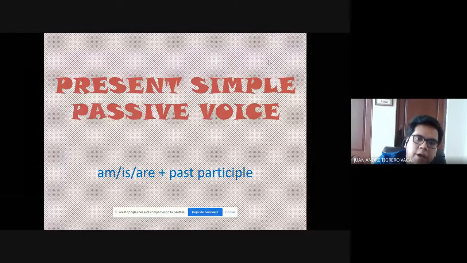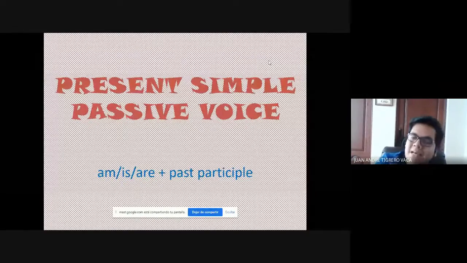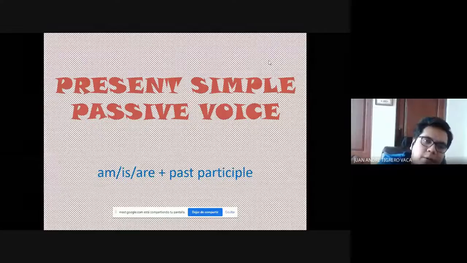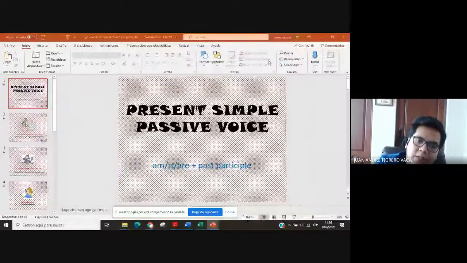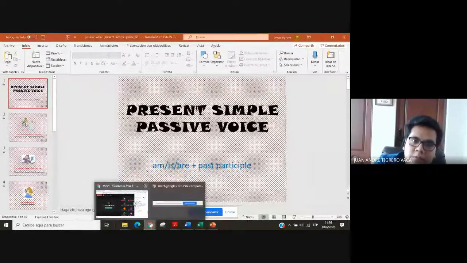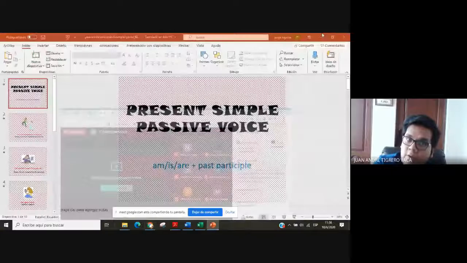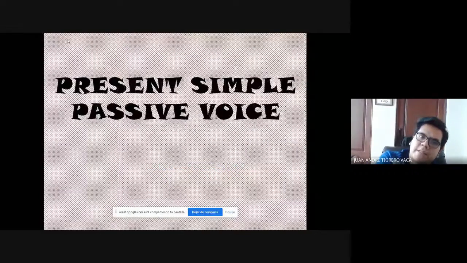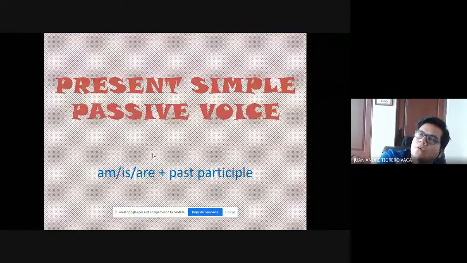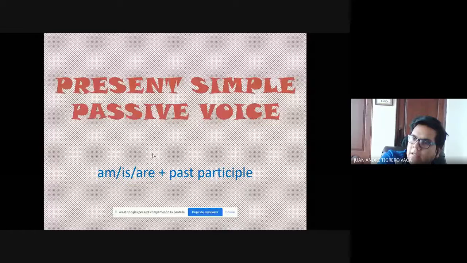Okay, so the structure is verb to be plus past participle. You have to remember the use of the past participle. Remember that sometimes the past participle changes completely in irregular verbs or is the same as the past simple, the verb in ed, like walk.